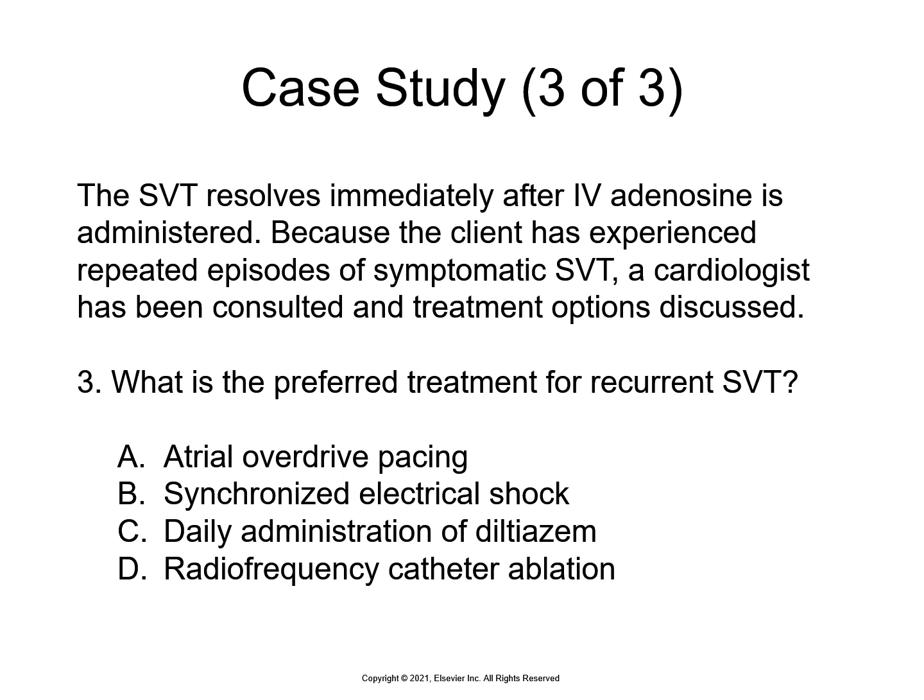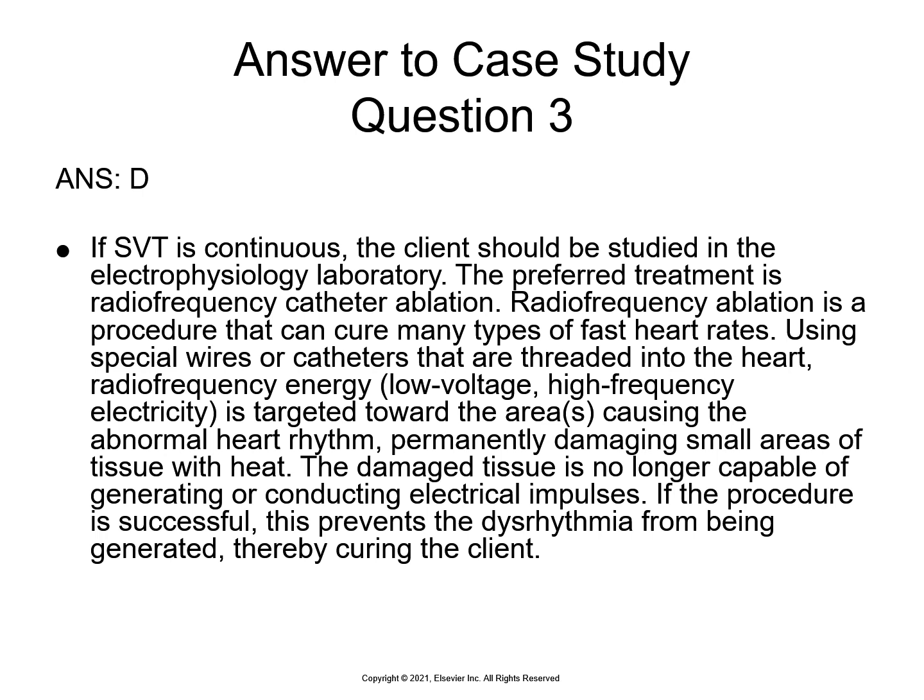The preferred treatment for recurrent SVT would be to go in, EP lab, electrophysiology, and look to see what's causing it, and then do an ablation. If it is a continuous problem, they would go to the EP lab, the electrophysiology laboratory, and they will look at it. They will map them.